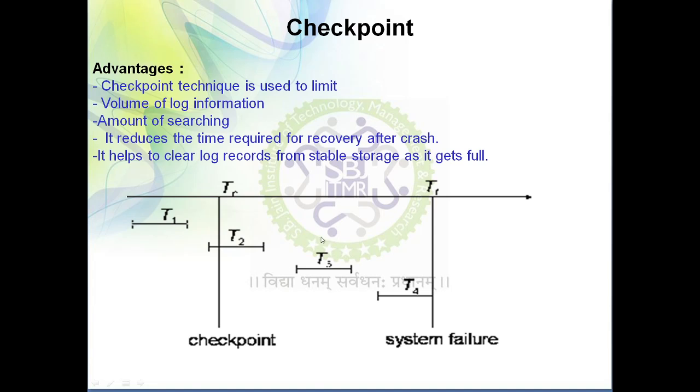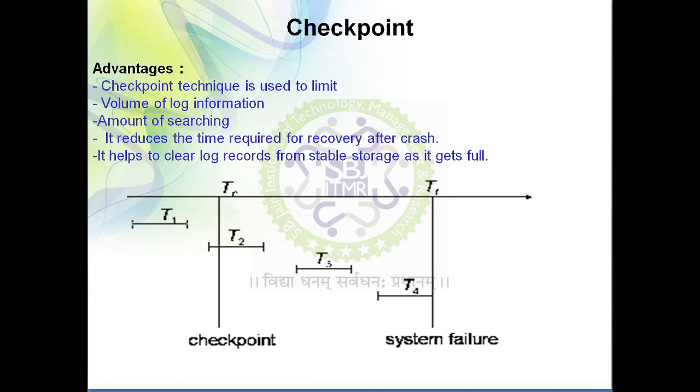After this checkpoint your system executes, and at this particular point there is a failure in the system. In this case, a total of 4 transactions were executed. Now you have to decide how many transactions you have to redo, how many you have to undo, and how many don't require any action.